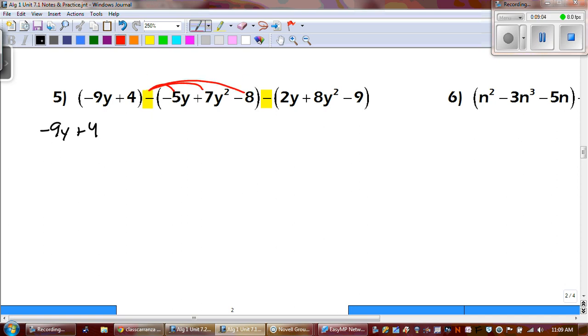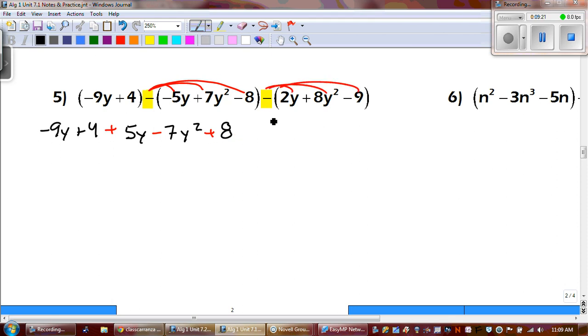And all we do is change the signs. Okay, that 5y, 7y, and the 8 stay the same, but this was subtraction, now it's addition. It's addition, now it's subtraction. It's subtraction, now it's addition.